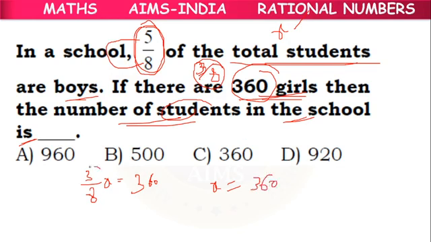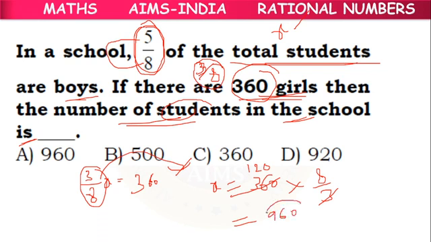Beside x we have 3 by 8, which will come to the RHS as a reciprocal. So we can write 8 by 3. 3 1s are, 3 2s are, 3 zeros are, so 8 into 120. 8 into 120, how much, children? 960. Okay, 960 is the right answer.